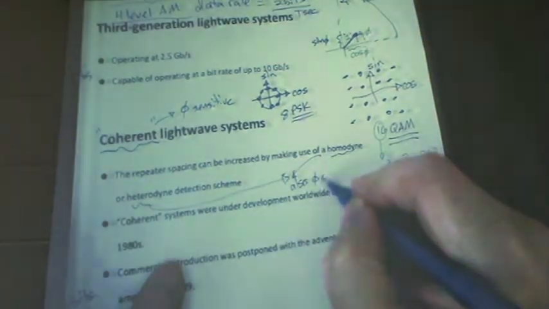Heterodyning and homodyning are also phase sensitive. And maybe we'll say more on that later. But that's why they're under this list of coherent modulation schemes. Okay.